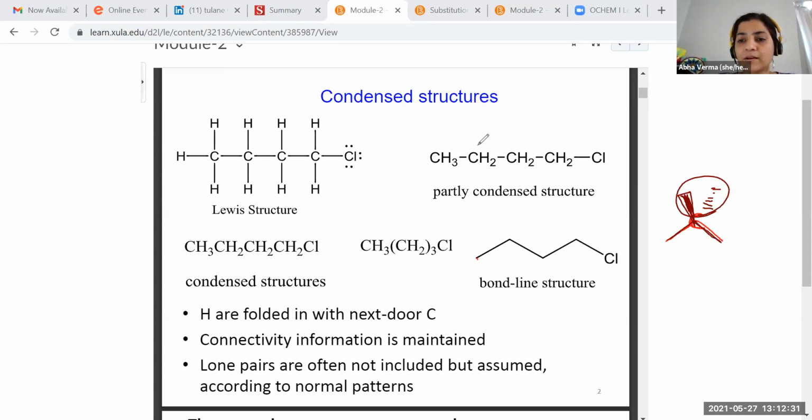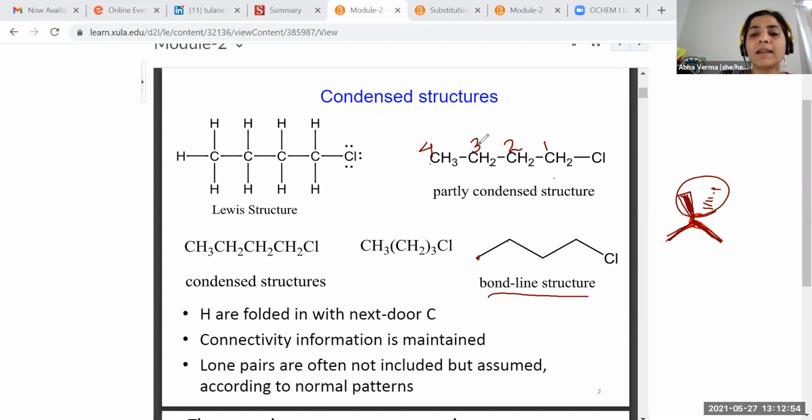We are worrying about this valley or this zigzag shape. So looking back at our partly condensed structure, how many carbons do we have? I'm going to count 1, 2, 3, 4. So in my bond line formula also, I need to have 4 carbons.